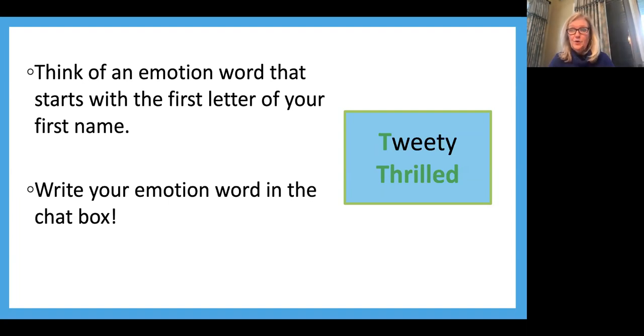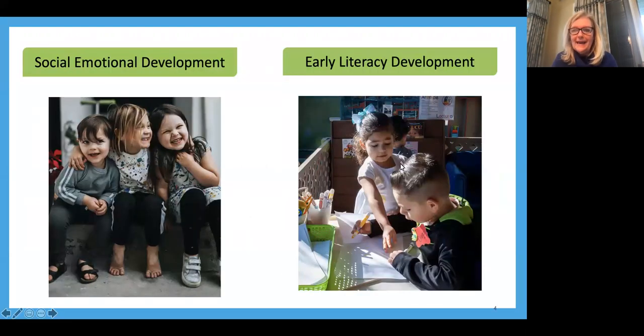Understand the meaning of the words in the activity, those emotion words, like you said. I've got to know the first letter of my name. Got to follow directions. So that shows you right off that link, that connectedness between social, emotional, and literacy. We're going to keep building on that idea, so that we're all thinking about this in the same way.